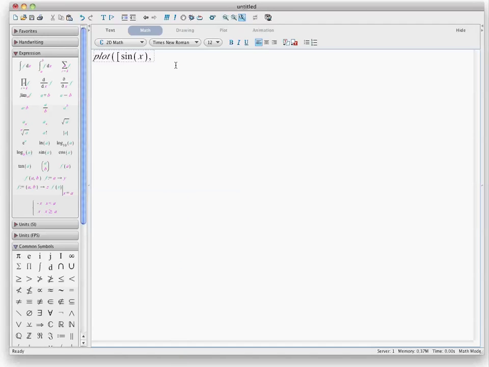And then I'm going to do the polynomial approximation, which will be 1 minus x minus pi over 2, and that was squared over 2 factorial.